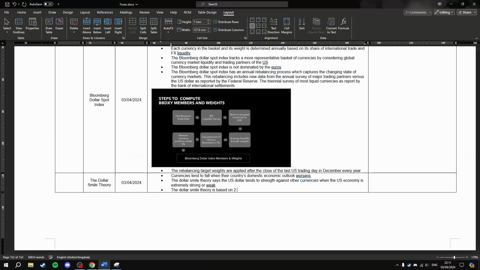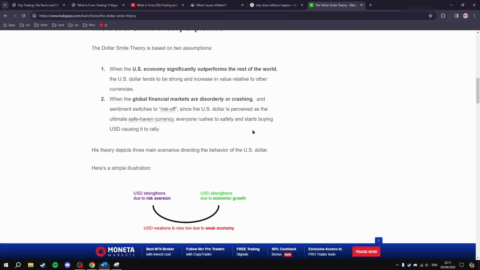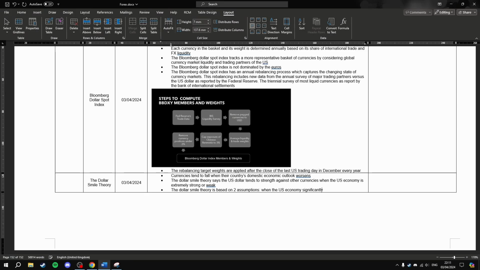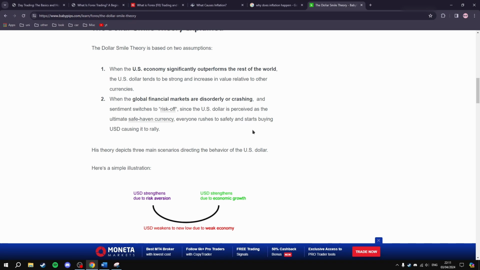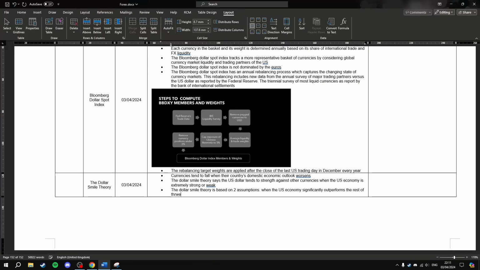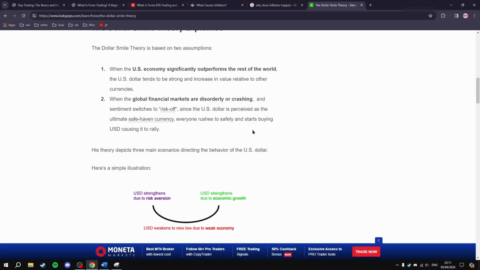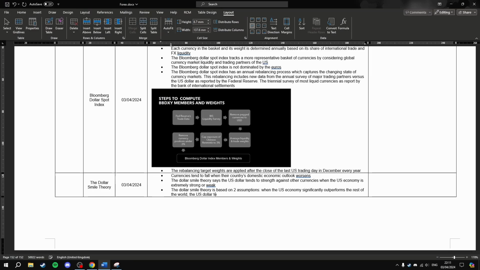The dollar smile theory is based on two assumptions. When the US economy significantly outperforms the rest of the world, the US dollar tends to be strong and increase in value relative to other currencies.